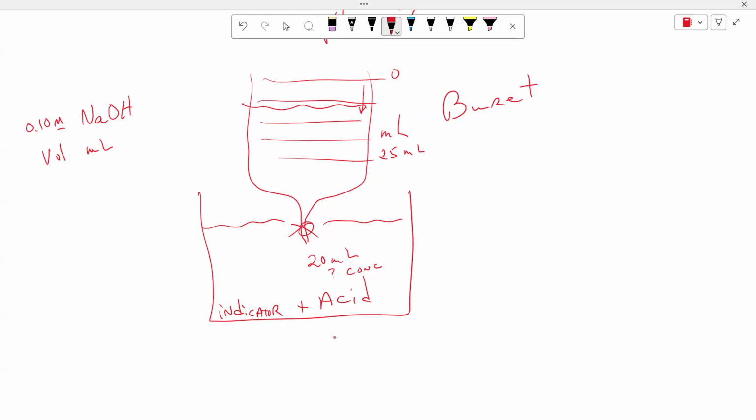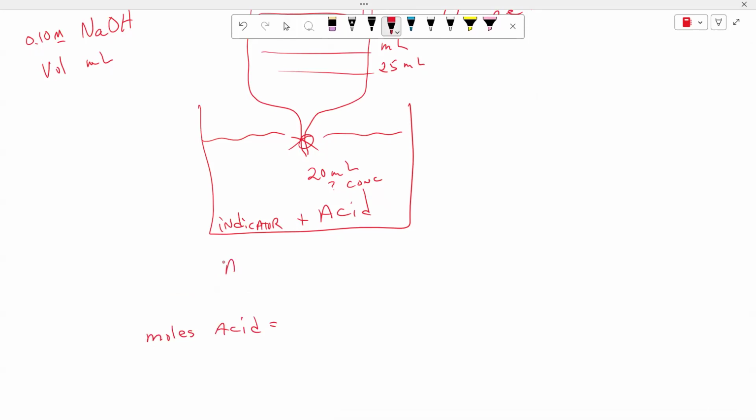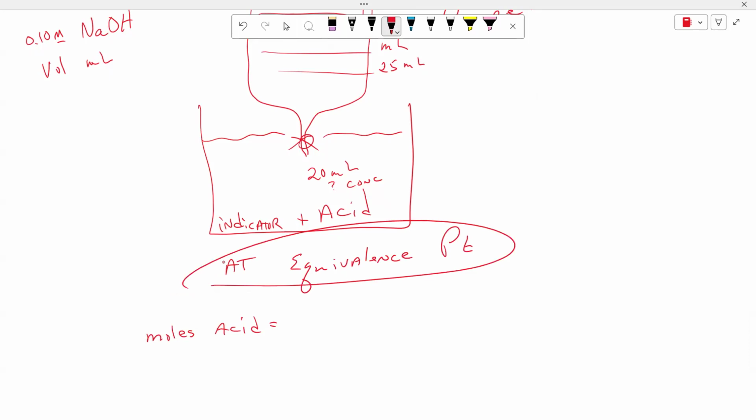So this is the essence of the calculation. At the equivalence point, the moles of acid equals moles of base. Now, yesterday we talked about getting moles.